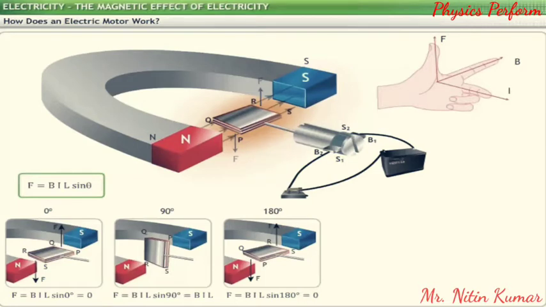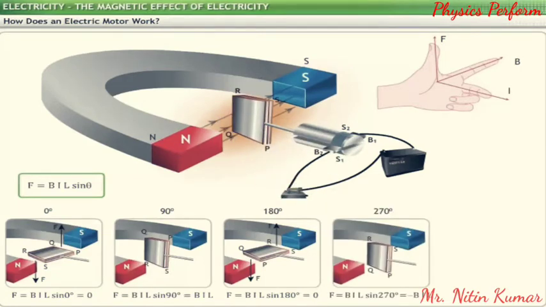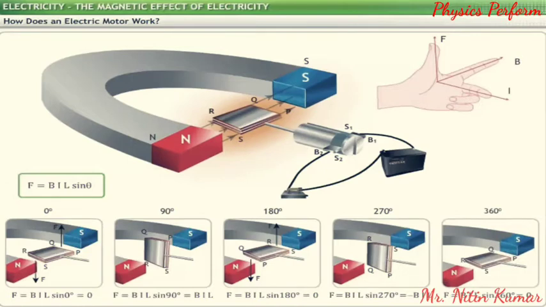The torque acting on the coil causes PQ to go down and RS to go up. The torque acts on the coil until it rotates through 90 degrees. Further, it rotates through another 90 degrees due to inertia and becomes horizontal again.